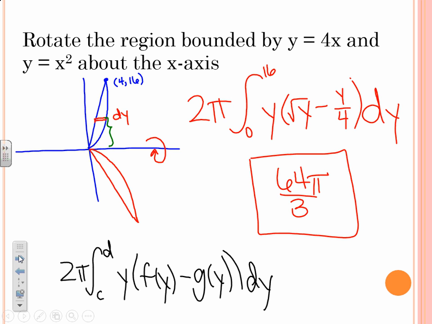What did you get, Nathan and Aaron? I got 428.932. I got 2048 over 15 pi. Excellent.